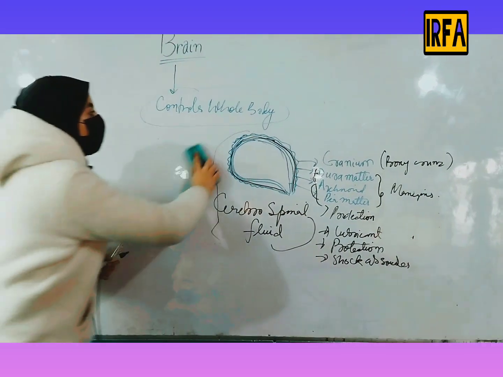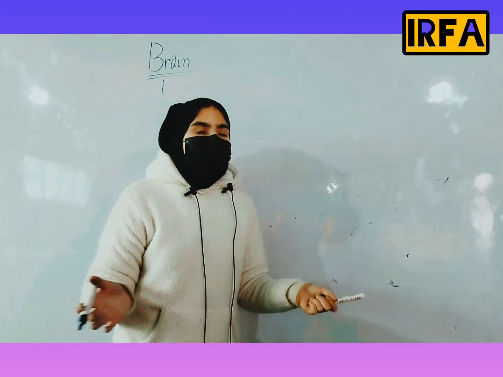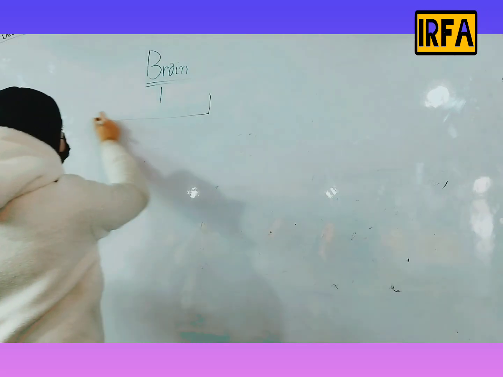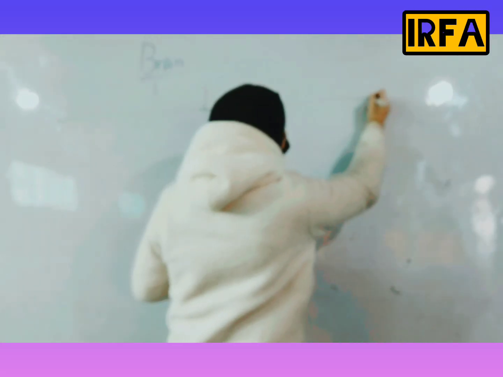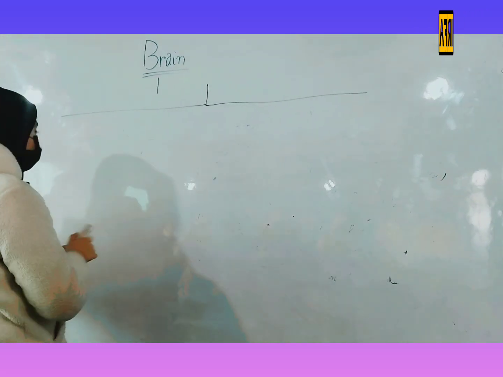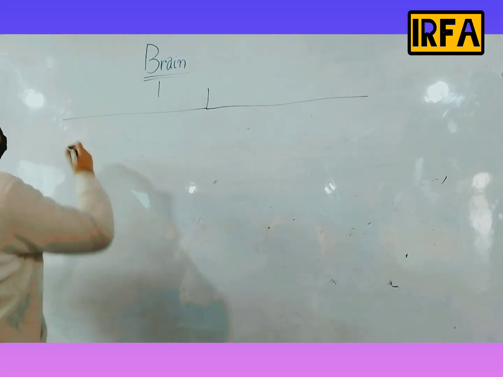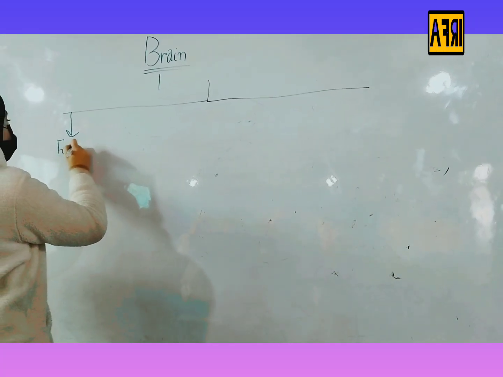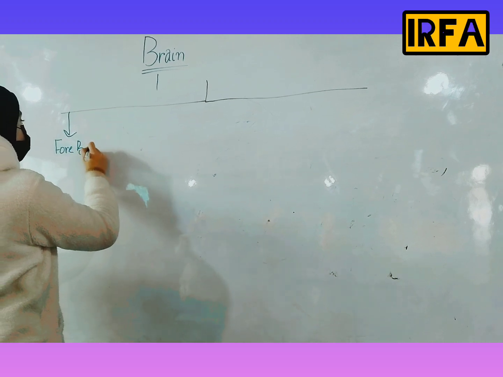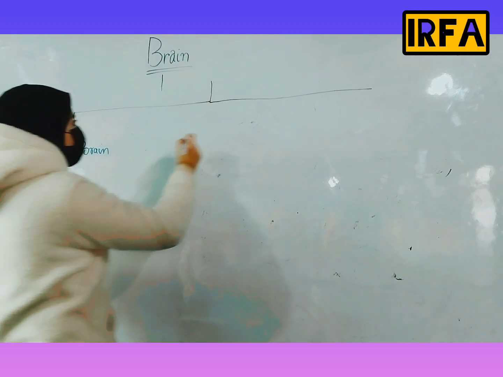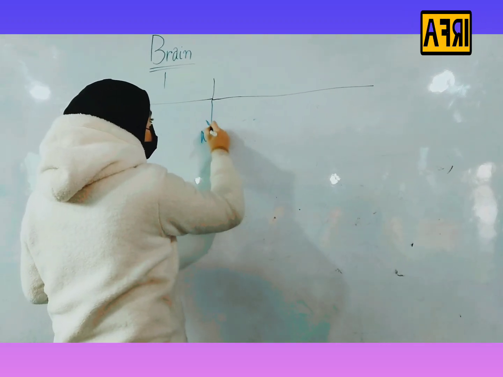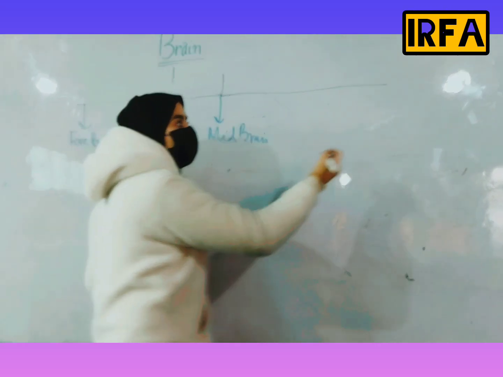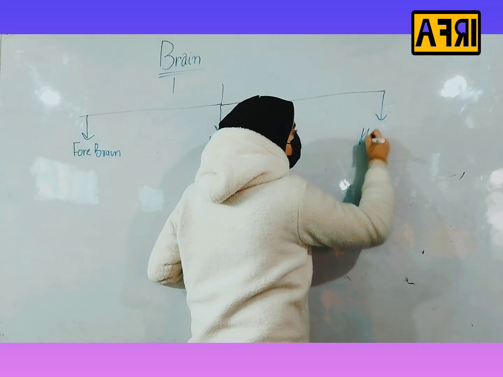Now, if we make a breakup chart for the brain, what lies in the brain? First, it's forebrain, then midbrain, then we have hindbrain.